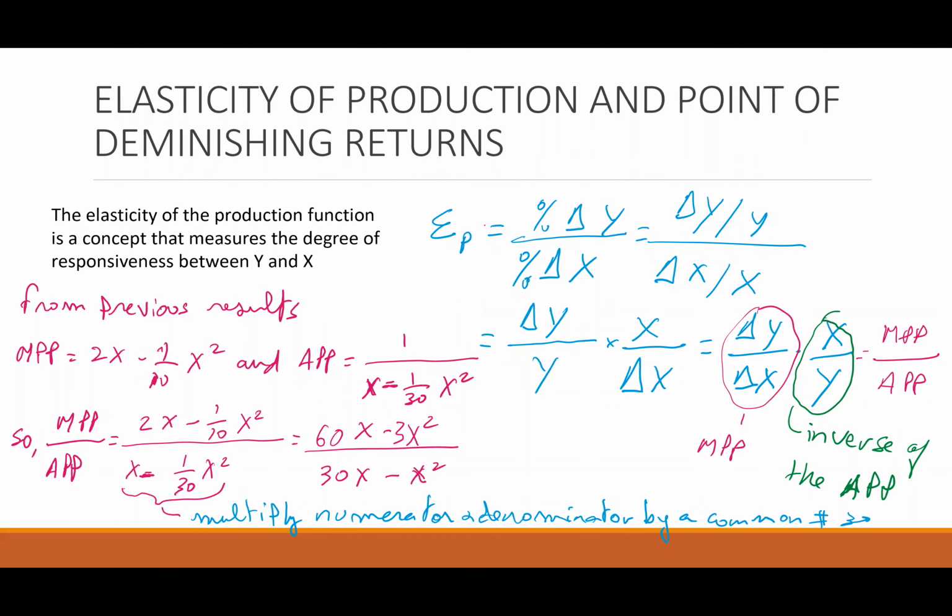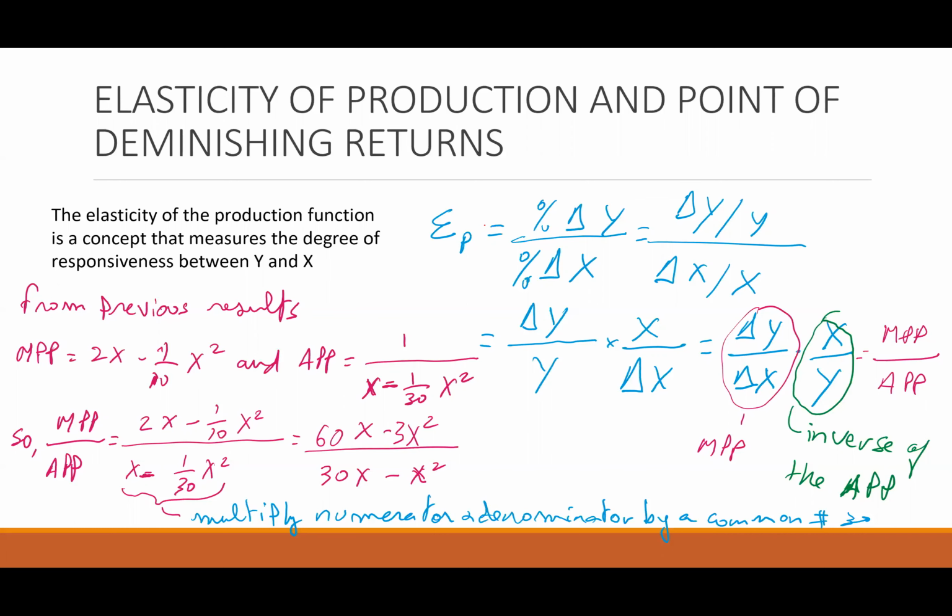Finally, the elasticity of production and the point of diminishing returns. Elasticity, that's back to your principles class, is the concept that measures the degree of responsiveness between y and x.